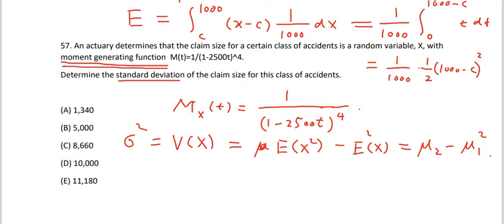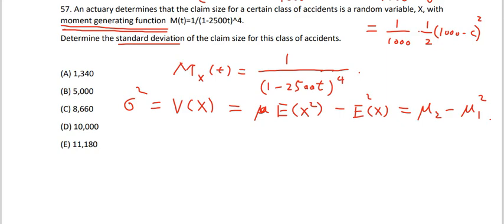From this function we can find the moments. The first moment is just the first derivative, the second moment the second derivative. So the first moment mu1 equals the first derivative of M_X(t), and then we let t equal 0.